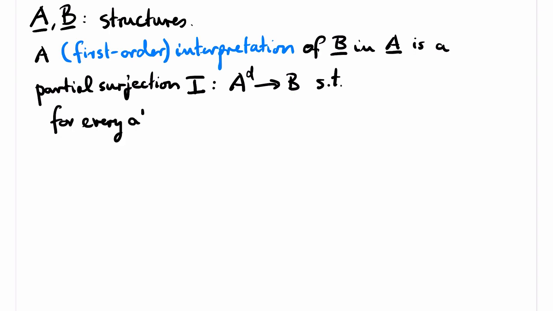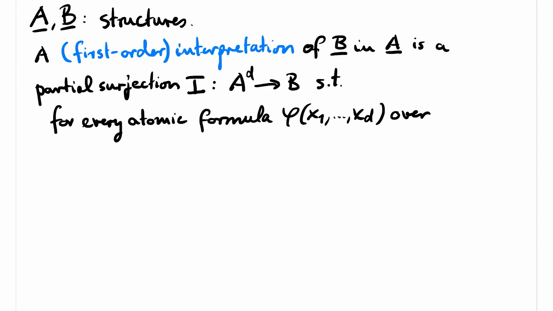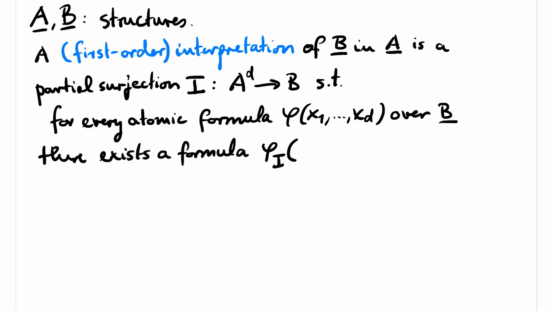For every atomic formula phi, with variables x1 up to xk, over the signature of B, there should exist a first-order formula phi_I with k times d many variables.